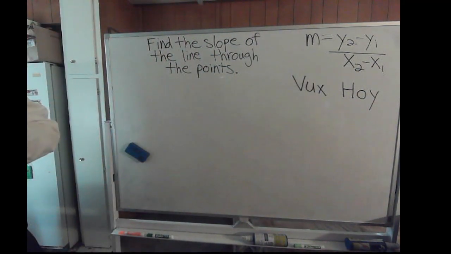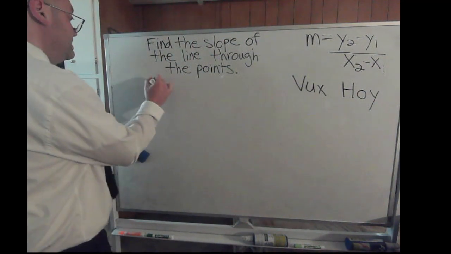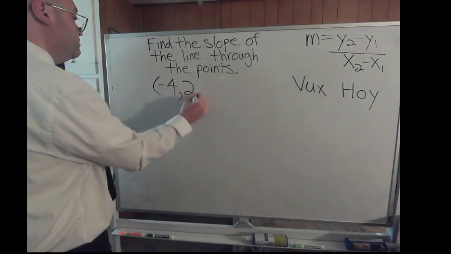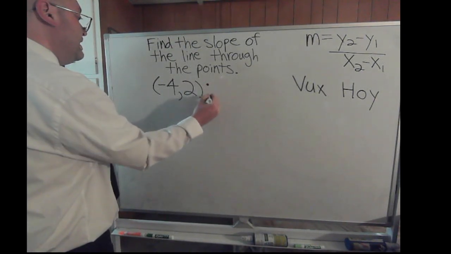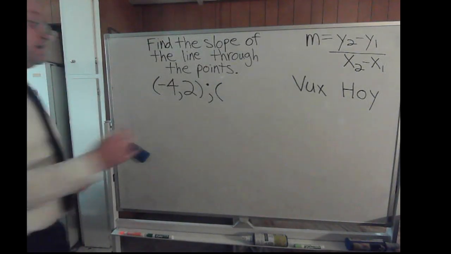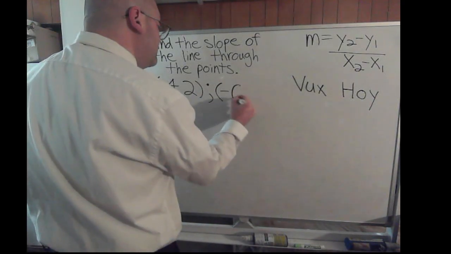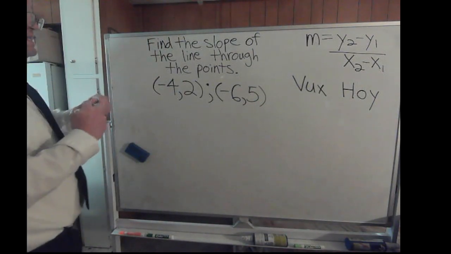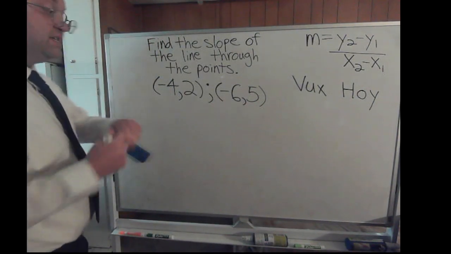Alright, how about next we'll do the points negative 4, 2 as well as negative 6, 5. So we have the points negative 4, 2 and negative 6, 5.